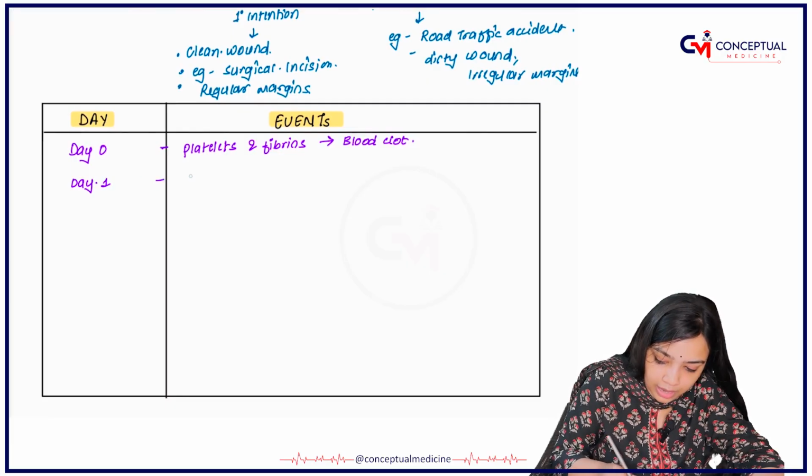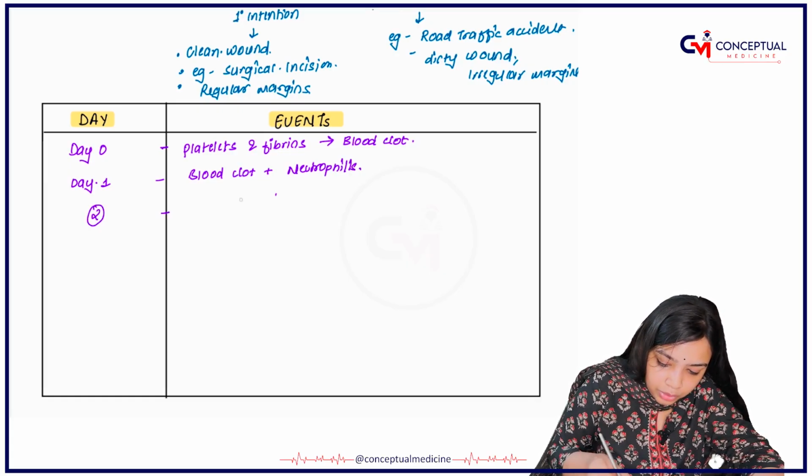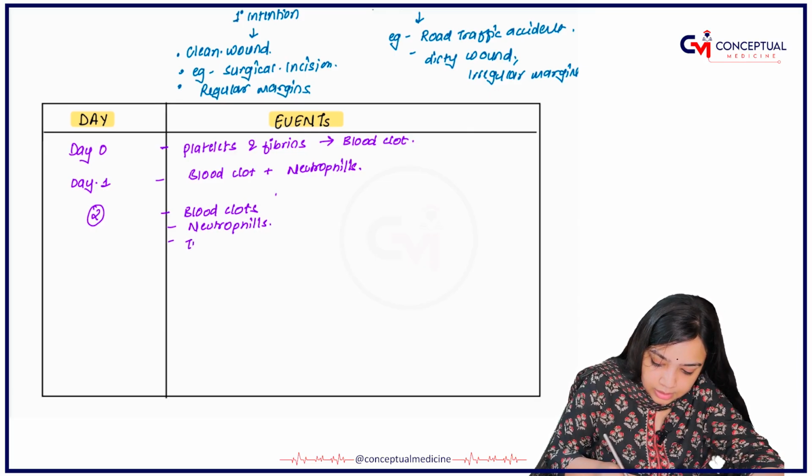On day 1, you have the blood clot plus your neutrophils. Second, on day 2, what you have? On day 2, you have your blood clot, then your neutrophils, and then a thin epithelial layer.